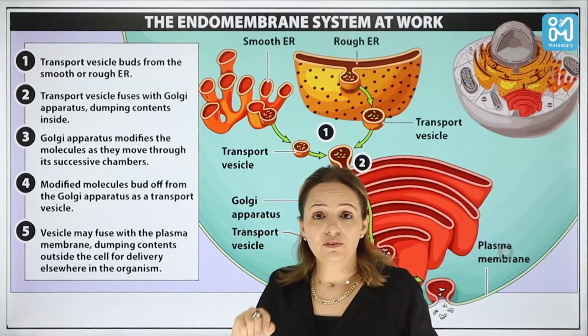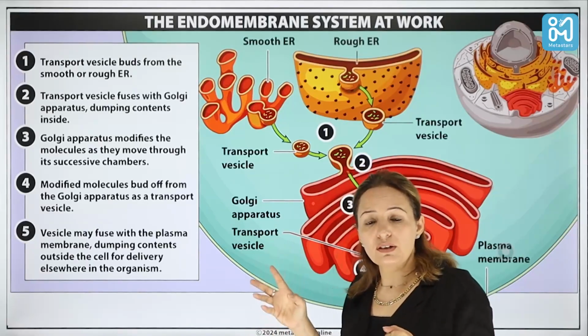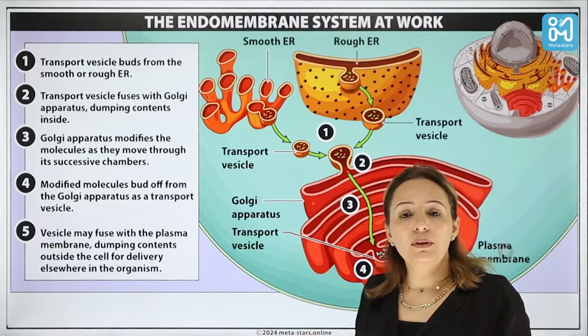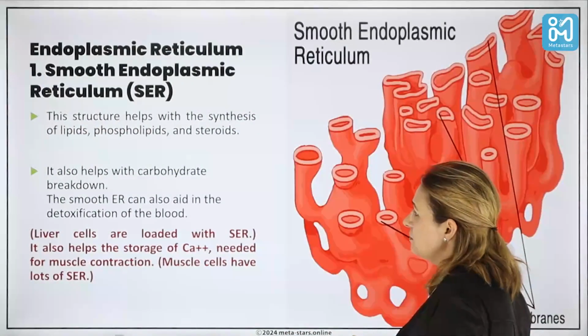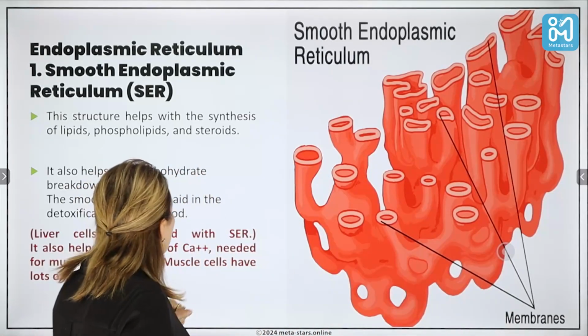And as for the smooth endoplasmic reticulum, we said it has two functions, either to produce lipids or to break down carbohydrates later. This is basically the smooth endoplasmic reticulum.